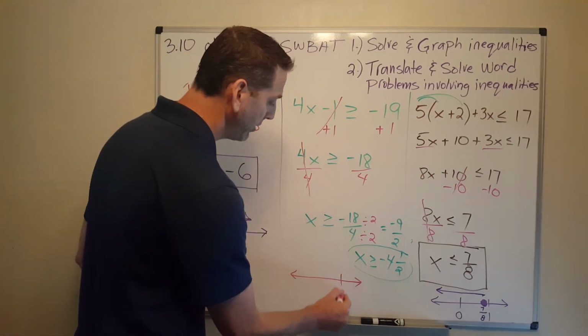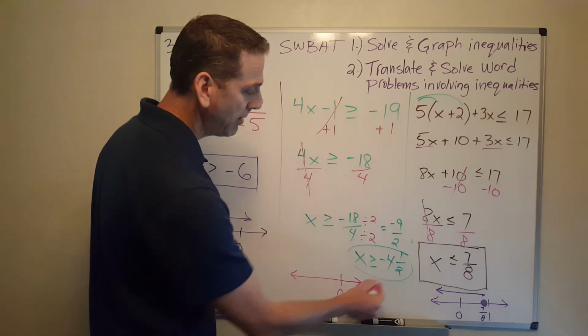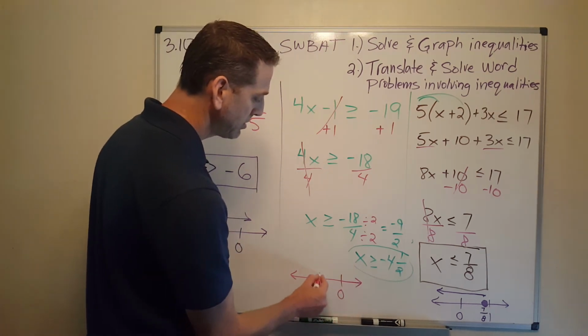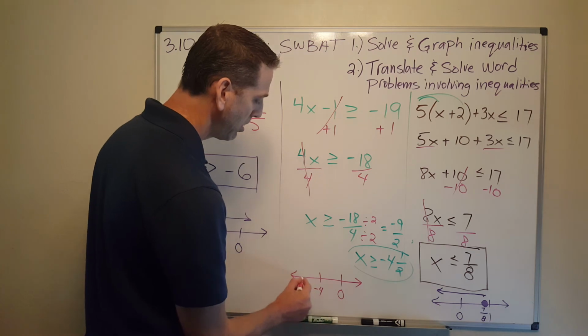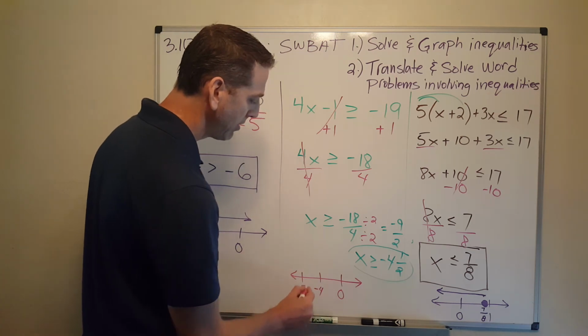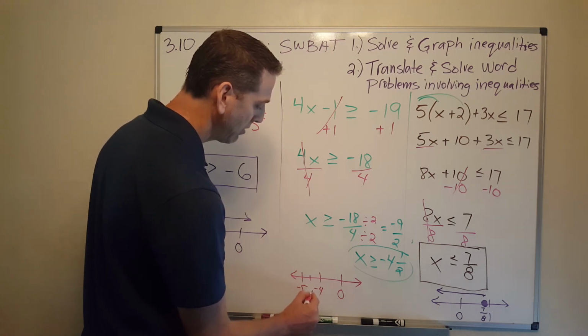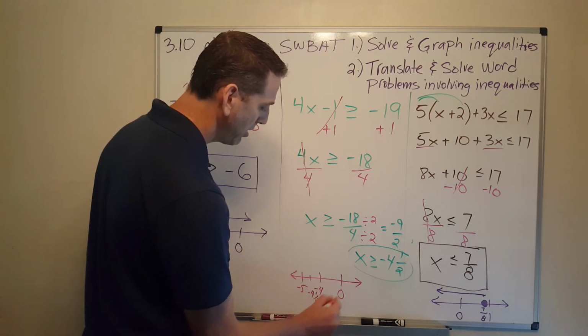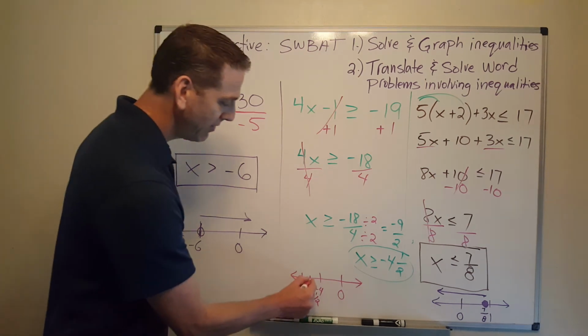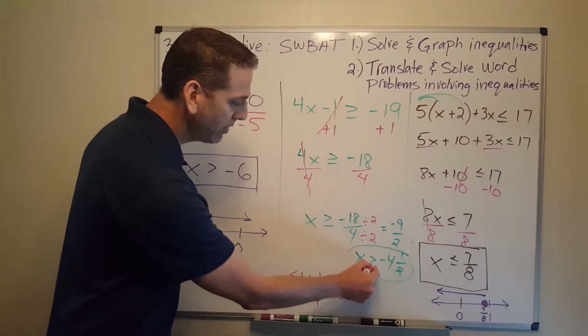All right, so here's my 0. Right here's, let's just call that -4. We'll call that -5. So that's going to be right here, -4 1/2. Right there.